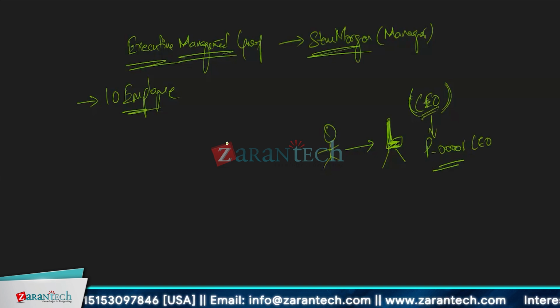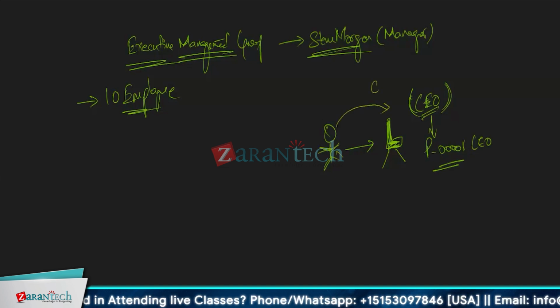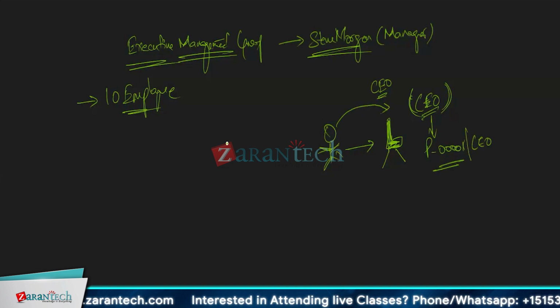And when you are hiring an employee, when Steve Morgan is hired into this particular position, that person will become the CEO of that position. He will hold that position. So Steve Morgan is only a CEO as long as he is assigned to this particular position.